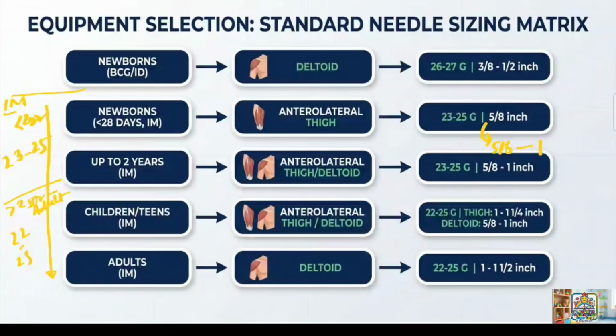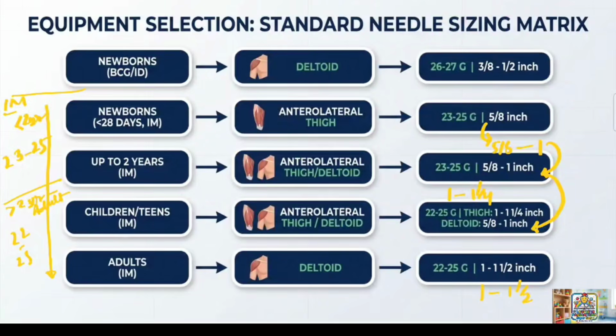For children and teens, where the deltoid is used, the same 5/8 to 1 inch is used, but where the thigh muscle mass is increased, the length is increased to 1 to 1 and 1/4 inch. And for adults, the deltoid area is used and the length is further increased to 1 to 1.5 inch.